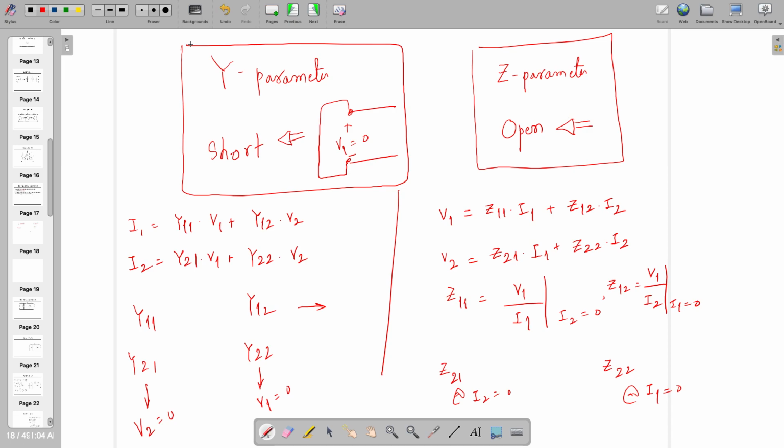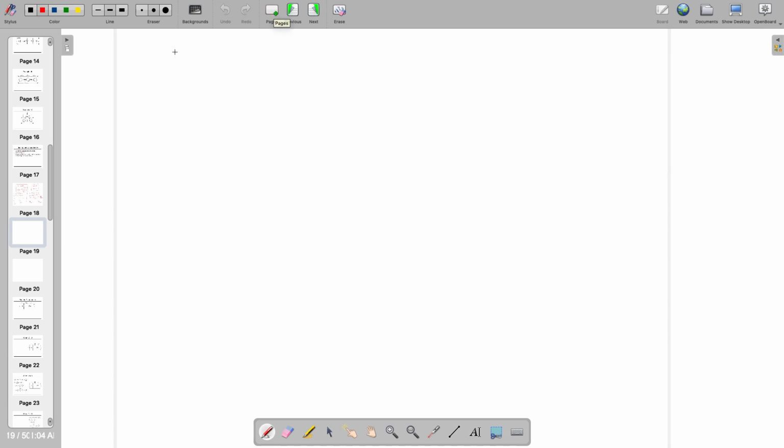So we are going to find Y parameters or Z parameters using something called observation, or inspection. When you are doing inspection, we have to understand the following things: Y parameter is nothing but the short circuit parameter, and Z is the open circuit parameter. When we do it, we have to follow how the two ports have been defined.